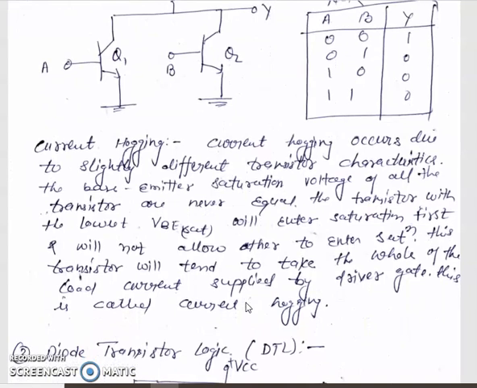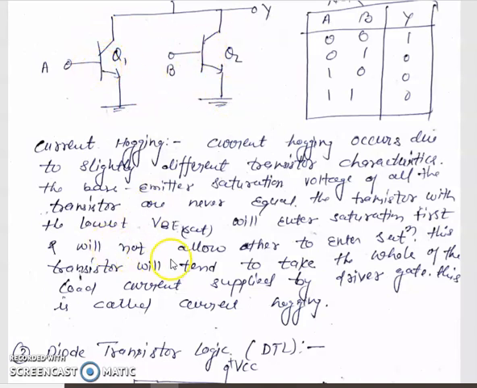What is current hogging? Current hogging occurs due to slightly different transistor characteristics, because both transistors are not equal in all characteristics. For example, the base emitter voltage VBE is never equal for the transistors. Okay, if transistor A's VBE is less than transistor B's, then transistor Q1 goes to saturation prior to transistor Q2.